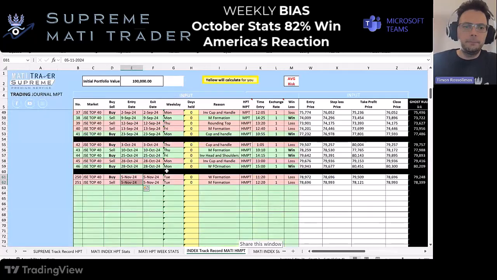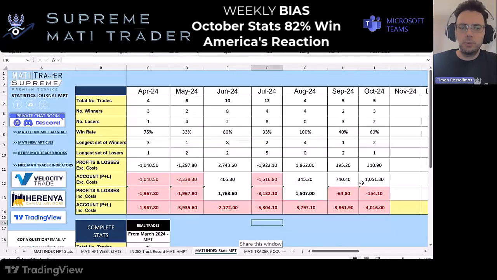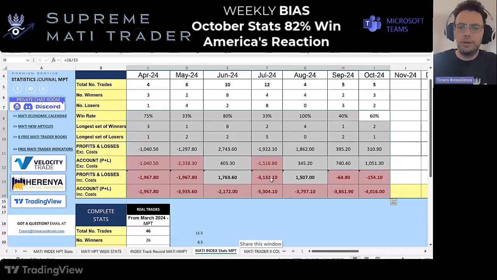Okay. So if we go to the stats here, it looks completely different. And this is the difference between running with high probability trades and medium probability trades. Medium probability trades and high medium probability trades yield this type of result for now.